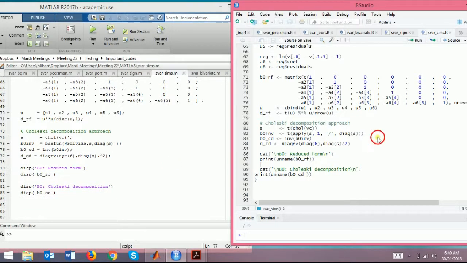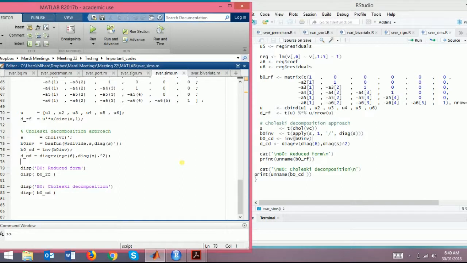Cholesky decomposition approach, very simple. So BSX1 and applying R divide, where we are doing R divide with the 2 elements S and diagonal S, X and Y. However, we have a margin to set, which is 1, the number of lags you might have, nothing else. So this is Sims' approach.